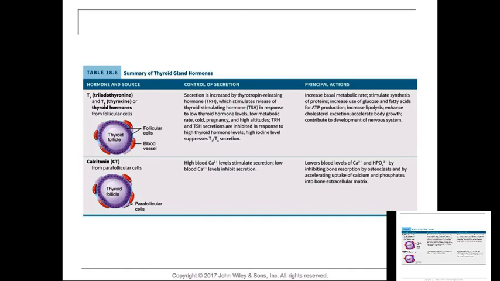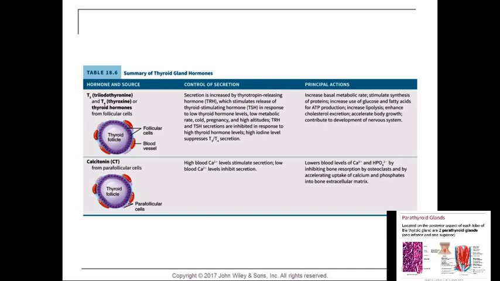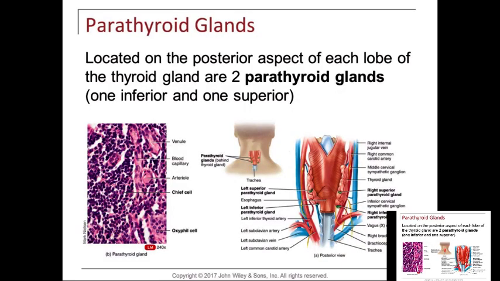PTH is trying to increase serum blood calcium levels, whereas calcitonin is decreasing them by trying to put some in the bone or release some through the urinary system and to stop the absorption of it through digestion.